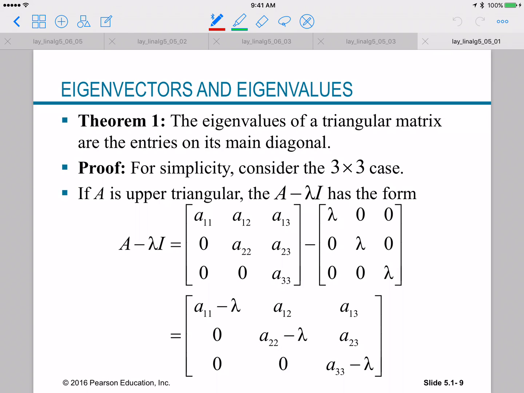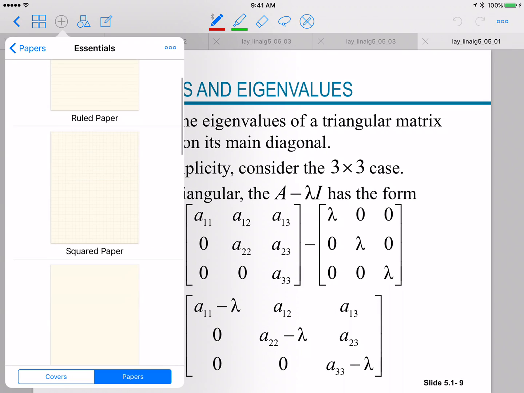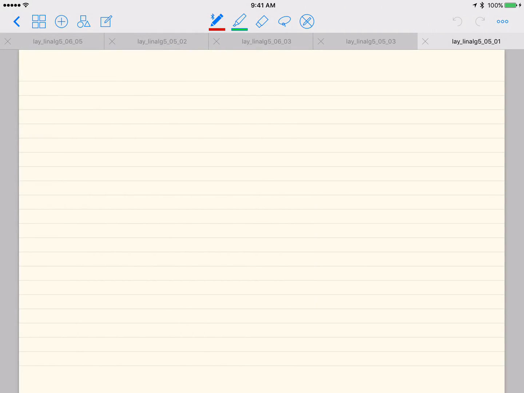Okay, and then let's look at the first theorem. This theorem is discussing the special case where your matrix A is a triangular matrix. Suppose your matrix A was a triangular matrix. And yeah, before then, let me ask a simpler question.